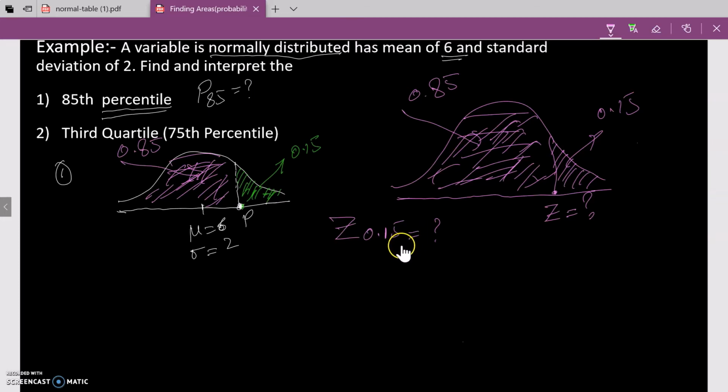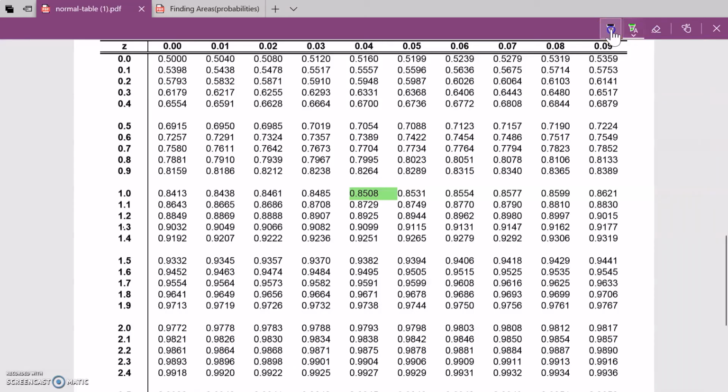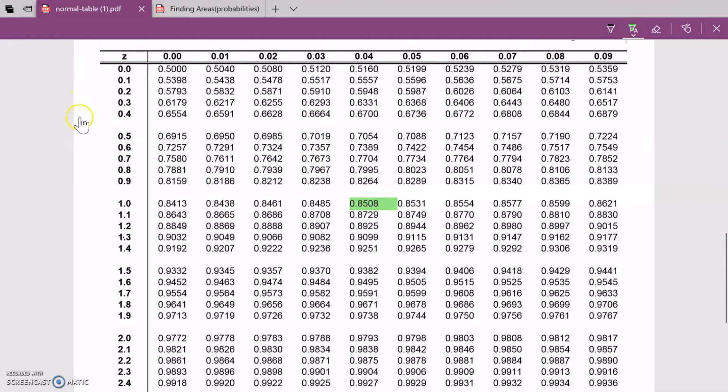For this purpose, I have to go to the table. Let's go to the table. Now we're in this table of the normal probability distribution, and we were looking for z of 0.15. We have to find the z value such that the area to its right side is 0.15.